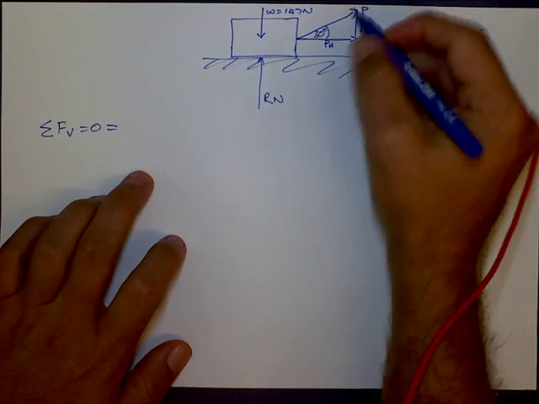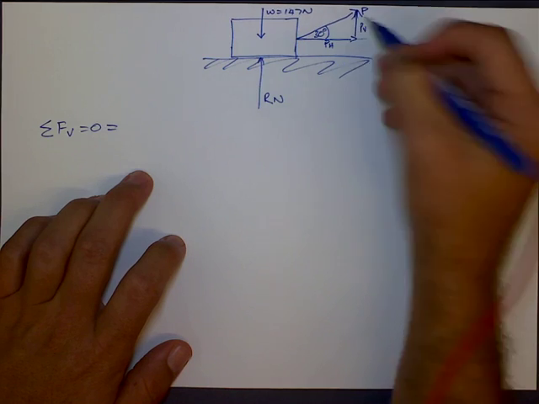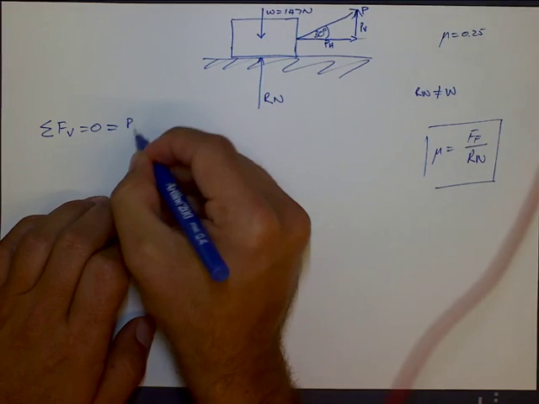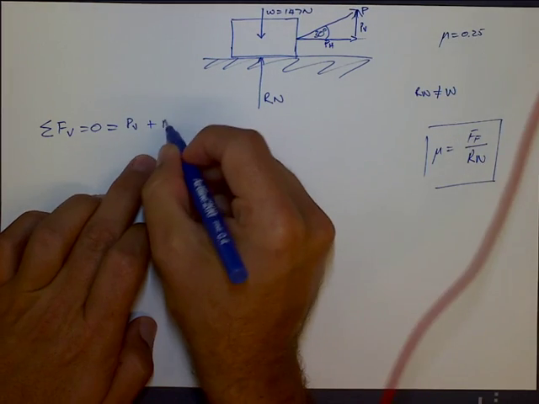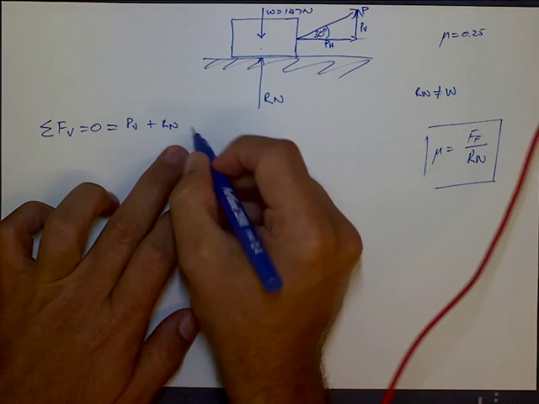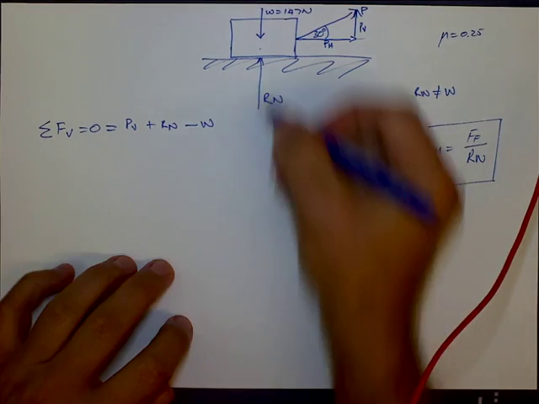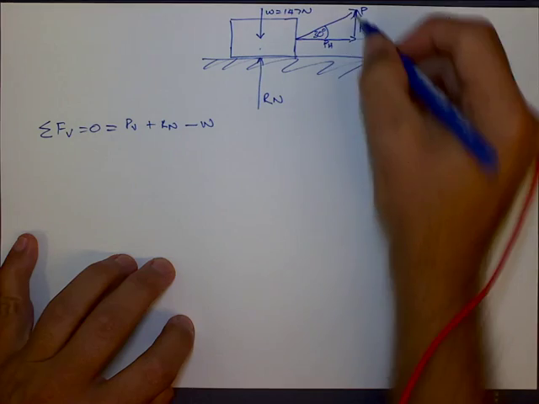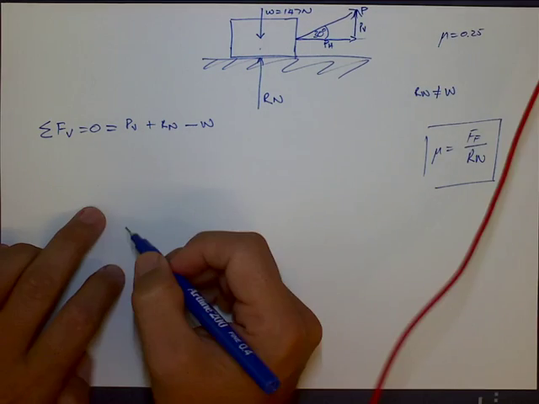If we look at this problem, we see that the vertical forces are P vertical plus Rn, which is our reaction, minus our weight. So our weight pulling down, our reaction, and our P vertical. Let's put some numbers into that.